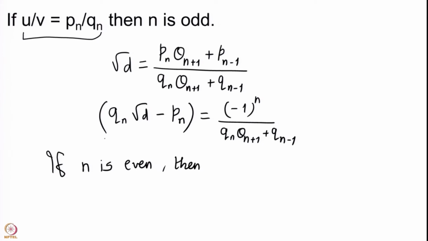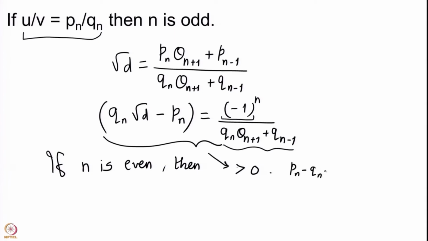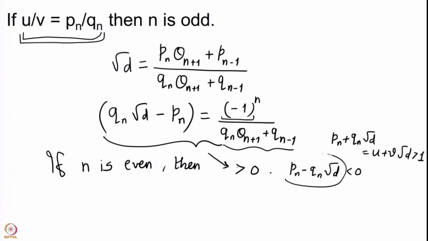Then this quantity becomes positive because the numerator is positive and the denominator here is anyway always positive. So, this turns out to be positive, and then we get that Pn minus Qn root d is negative, but that cannot happen because our Pn plus Qn root d, remember Pn and Qn are u by v, this is u plus v root d, this is a positive number and its inverse then cannot be a negative number.